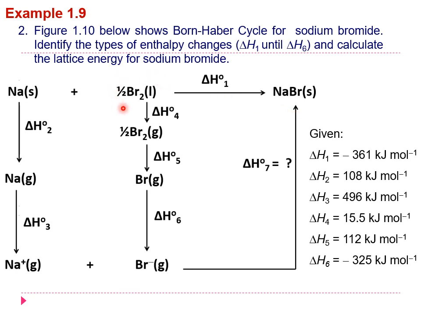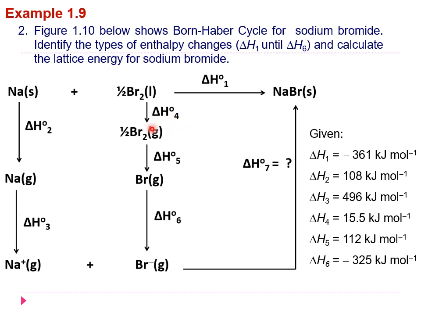Notice that the bromine at room temperature is a liquid, so it is going to be vaporized first. Therefore, delta H4 is the enthalpy of vaporization, which is only 15.5 kilojoule per mole. Not much energy is used.